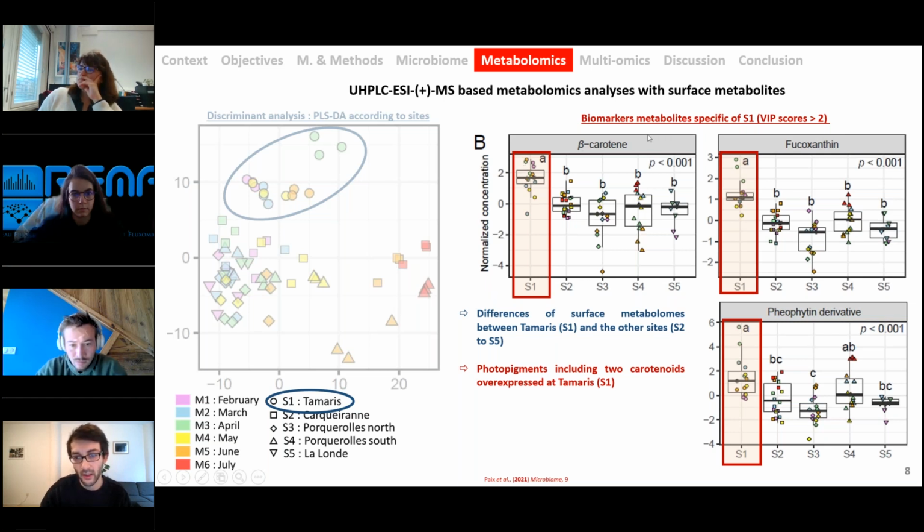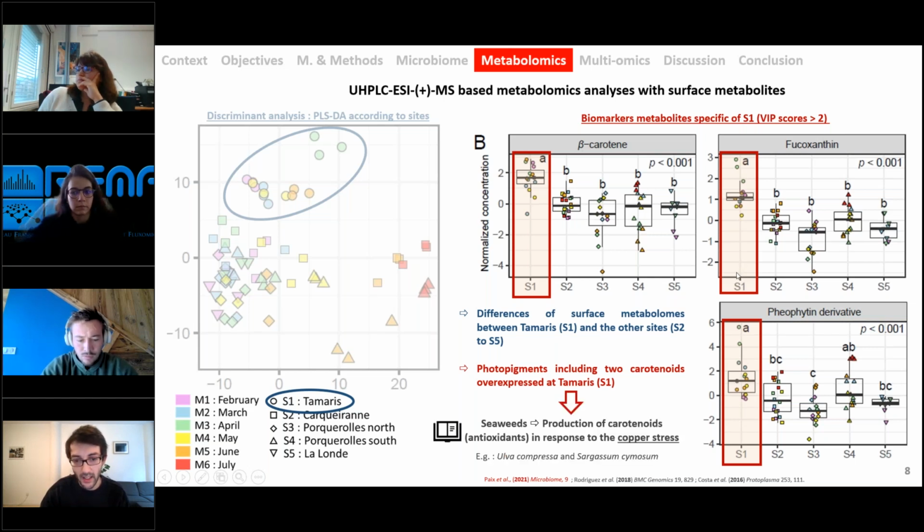These biomarkers are actually beta-carotene, fucoxanthin, and a derivative of pheophytin, so 3 photopigments. And this is really interesting because copper is known to induce photoinhibition on the seaweed and also an oxidative stress. Fucoxanthin and beta-carotene are 2 compounds which can act as an antioxidant against this copper stress.